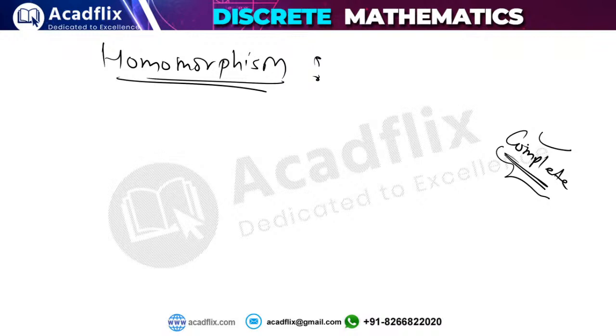In the complete course we will study homomorphism, isomorphism, cyclic group, generator, Lagrange's theorem, all in a very detailed manner. Basically you will be able to solve all the questions. Okay, let's see this homomorphism.